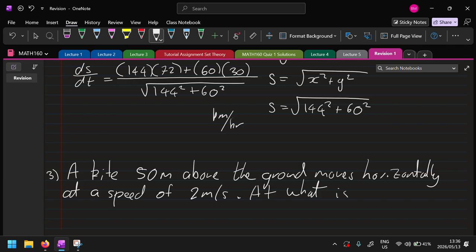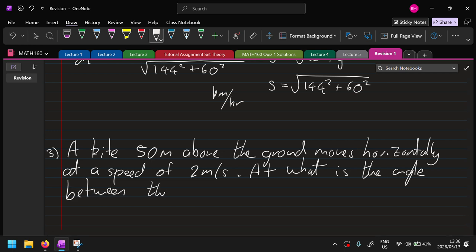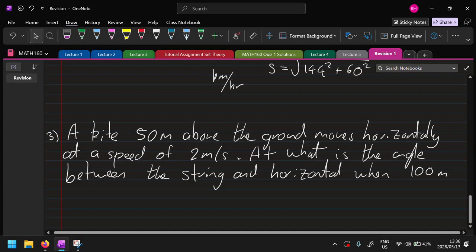At what rate is the angle between the string and the horizontal changing when 100 meters of string has been let out?